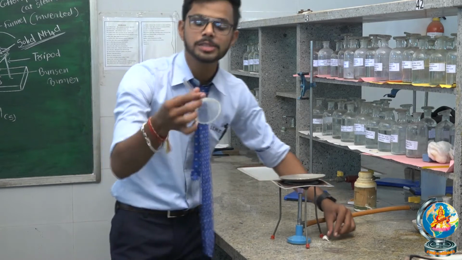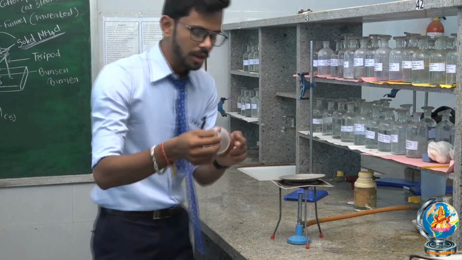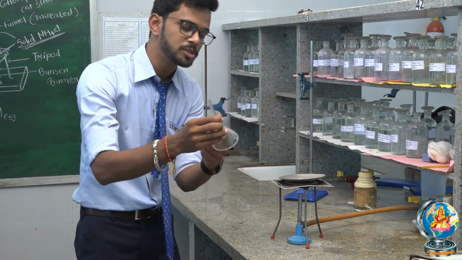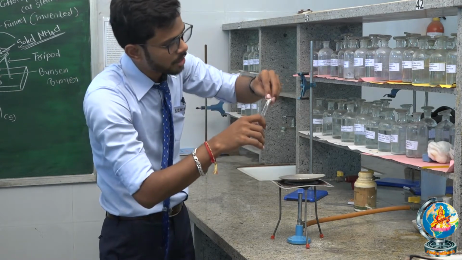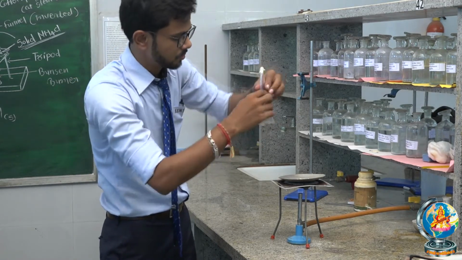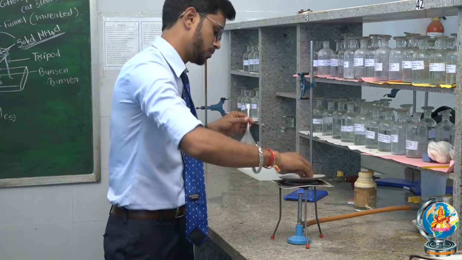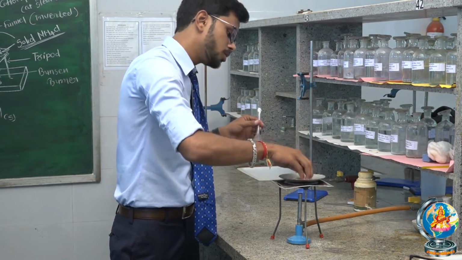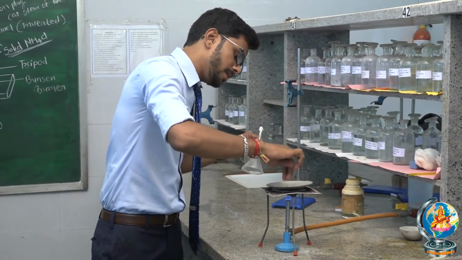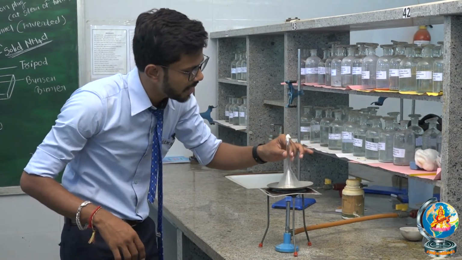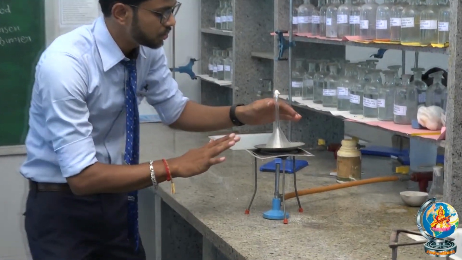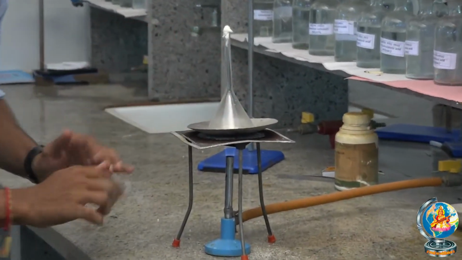Now we take this funnel and put a cotton plug in its stem. Let us arrange this funnel in the inverted form.